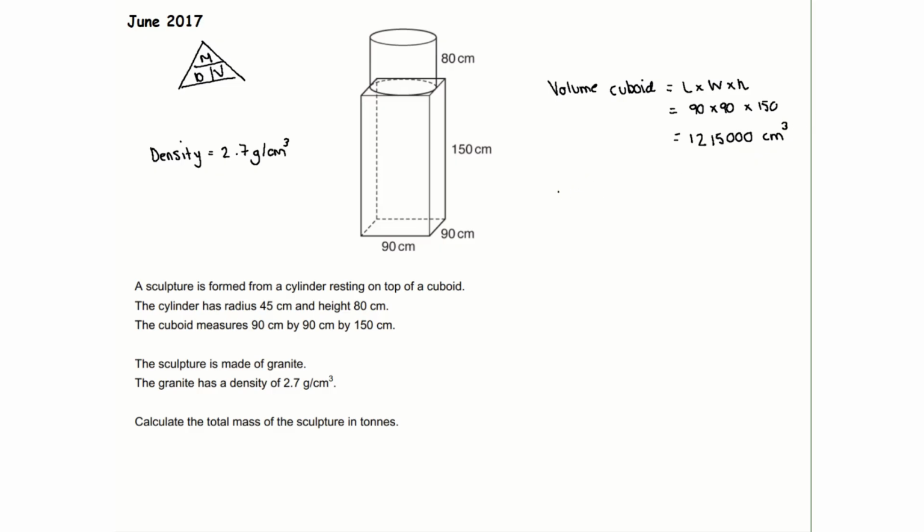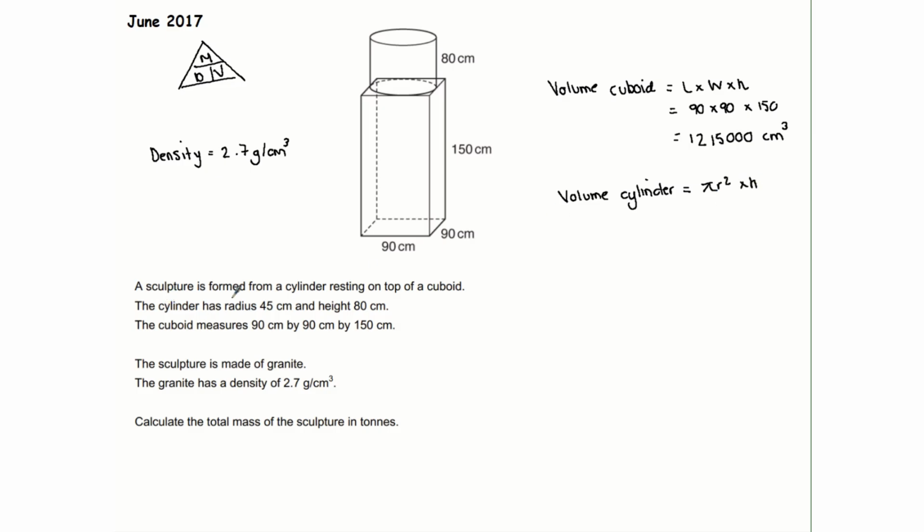Next, I'm going to do the volume of a cylinder. You do need to recall the formula for this. If you remember what that is, it is pi r squared times the height.